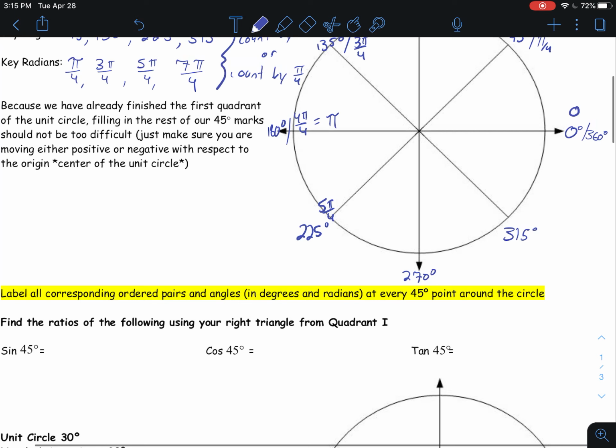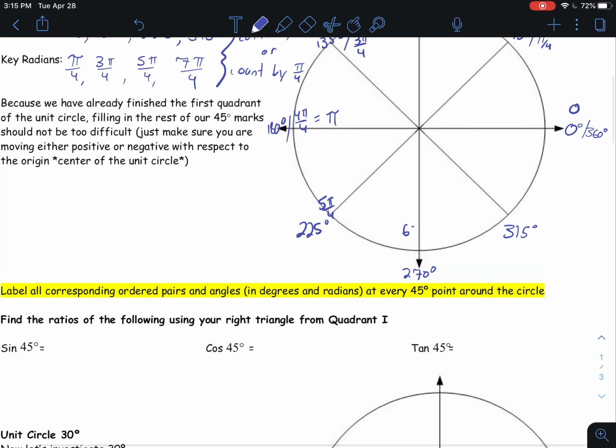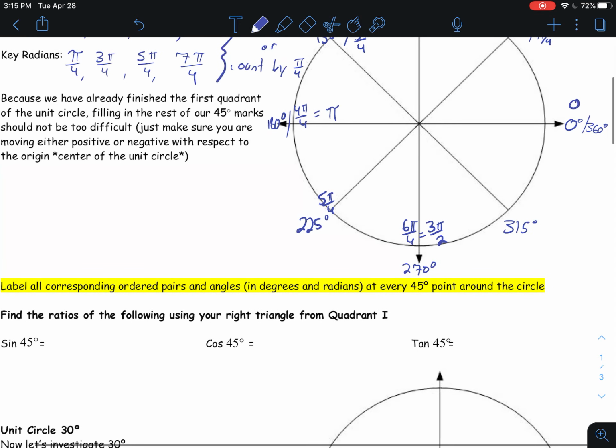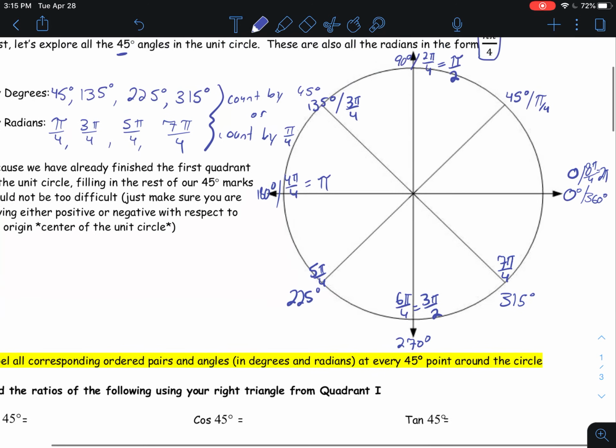And then add pi over 4 more, that gives us 6 pi over 4, which is equivalent to 3 pi over 2. Add pi over 4 more gives us 7 pi over 4. And then the last one gives us 8 pi over 4, which is equivalent to 2 pi.